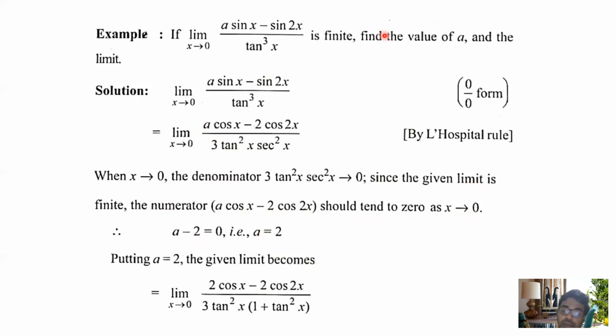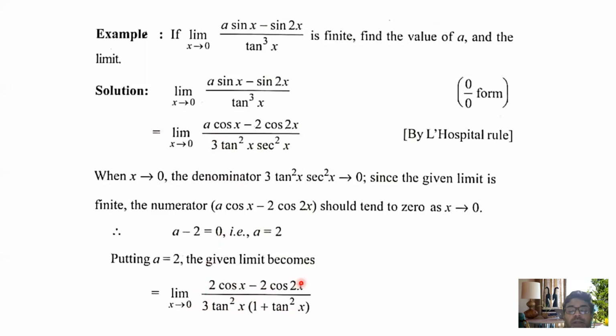Clear? This is also another type of example. Now after getting the value of a equal to 2, you substitute the value a equal to 2 and find the limit. Okay. Now if I put here a equal to 2, what do you have? That is (2 cos x minus 2 cos 2x) by 3 tan²x into (1 plus tan²x). Now x tends to 0.